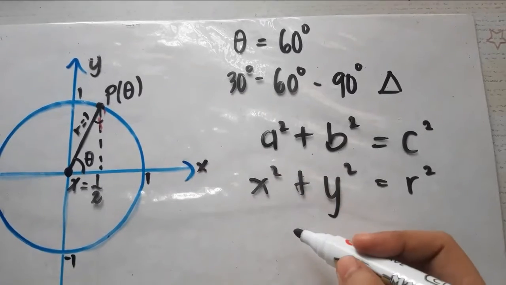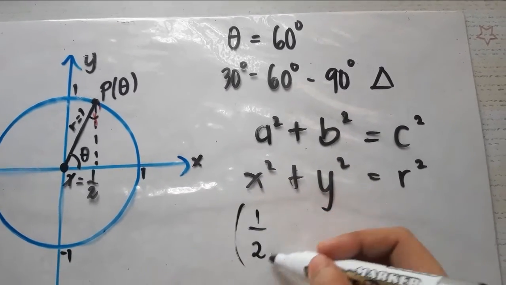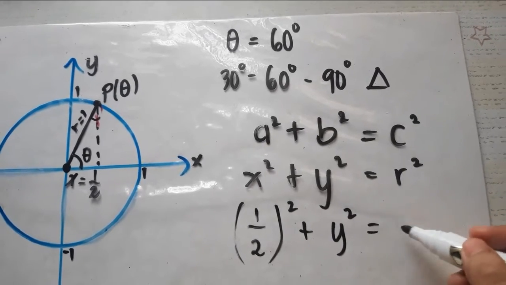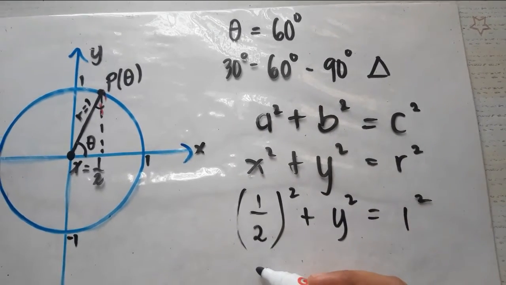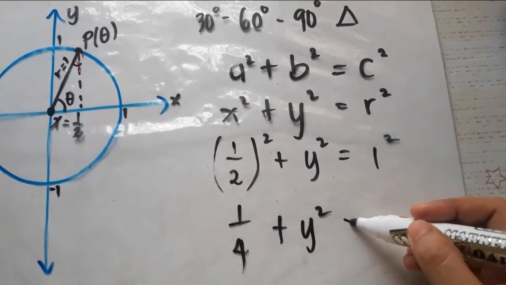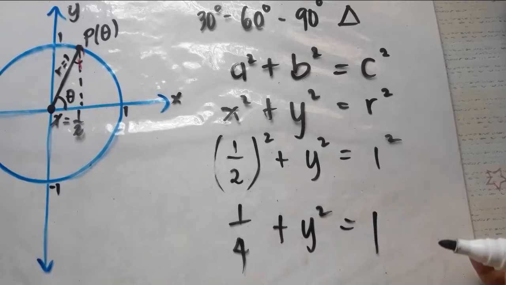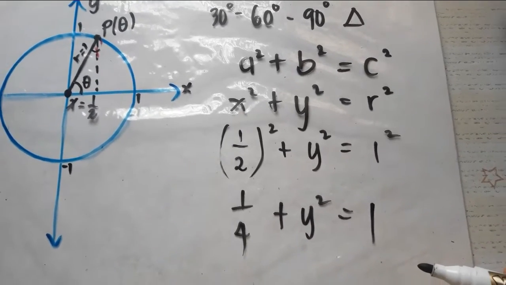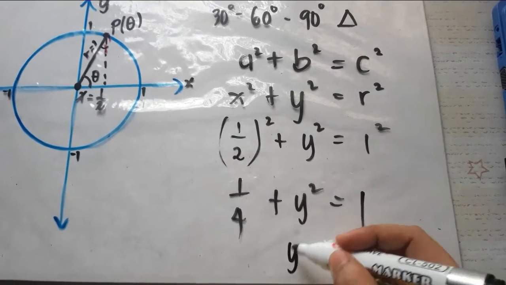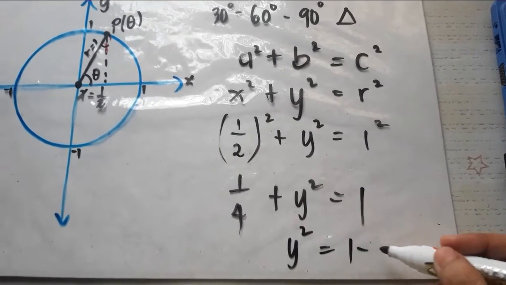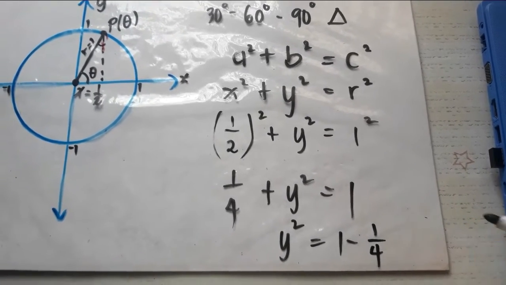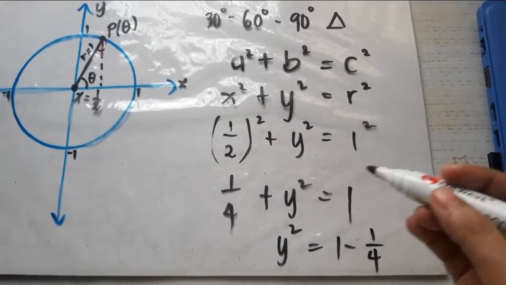So we already have x, that is 1/2 squared, plus y is unknown, and then r is 1 squared. So 1/2 times 1/2 is 1/4, plus y squared equals 1 times 1 is 1. So using the addition property of equality, we'll add negative 1/4 on both sides. This is y squared equals 1 minus 1/4.